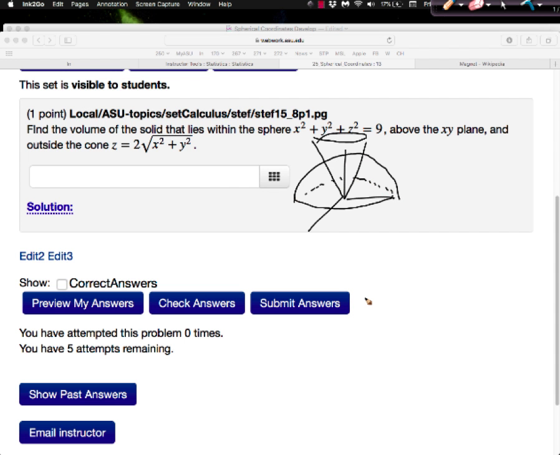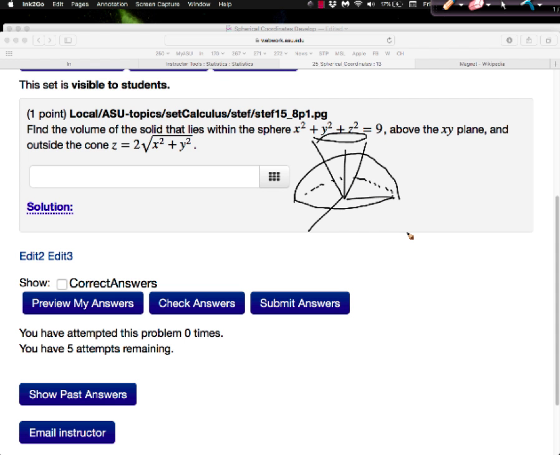So inside that sphere and outside that cone, can you see what solid that is? That's like maybe like a football stand or something like that, right? See that? It's this part over here. So outside of the cone and inside the sphere.